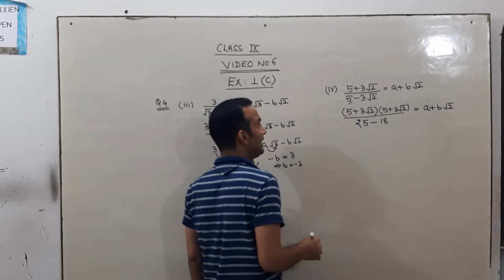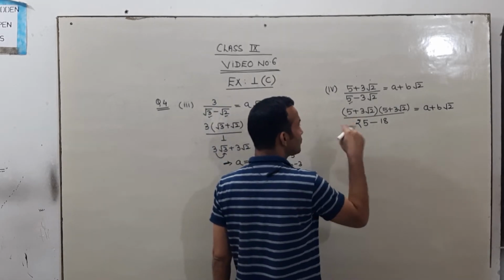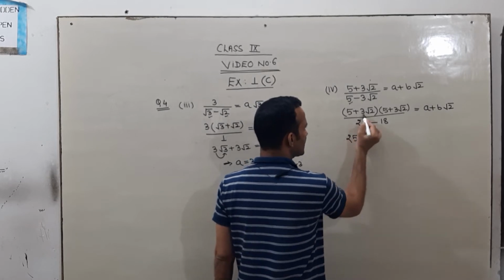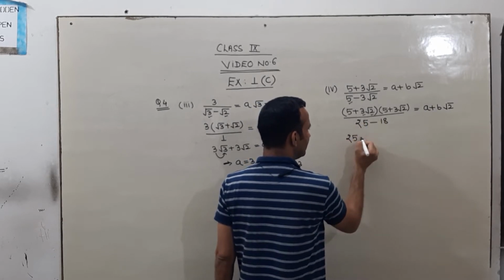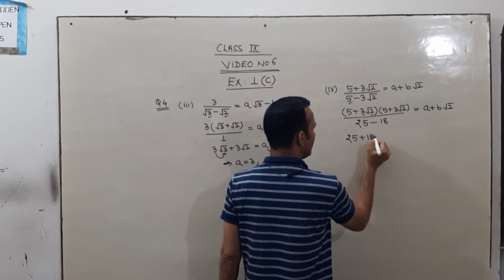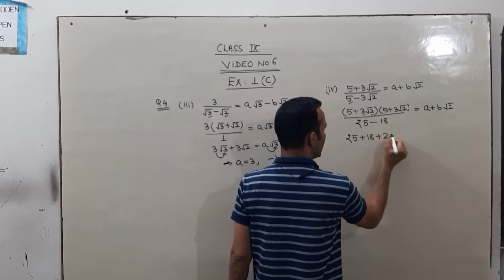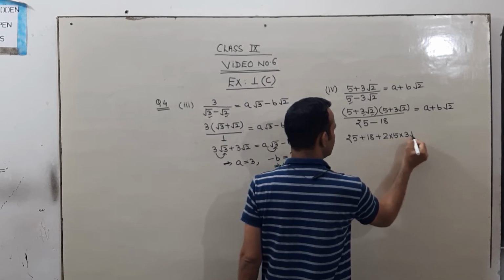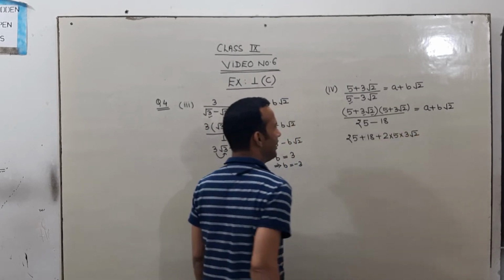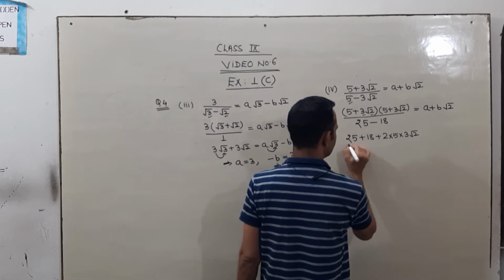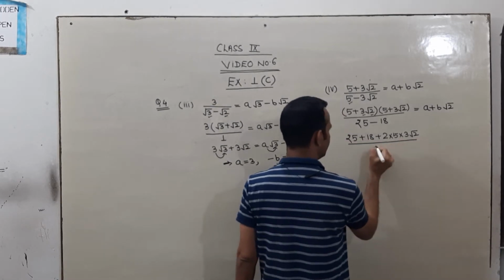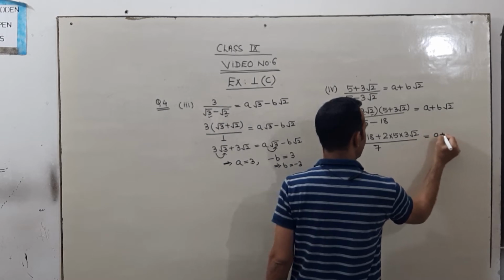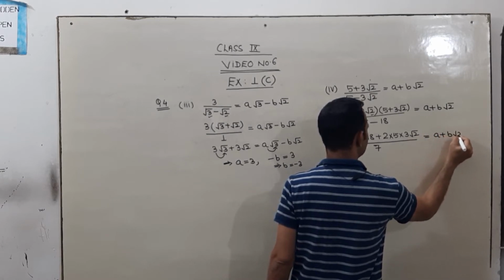So which identity do we use? (a plus b) whole square is a square plus b square plus 2ab, upon 7, is equal to a plus b times root 2.